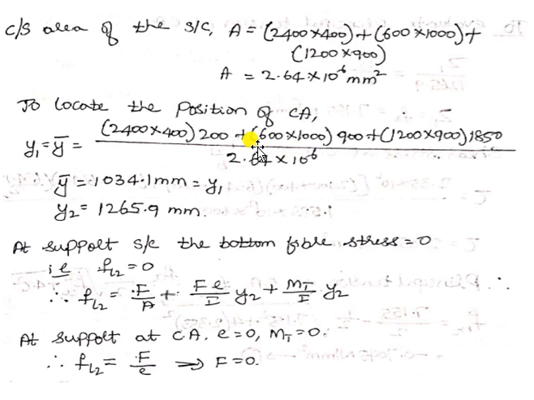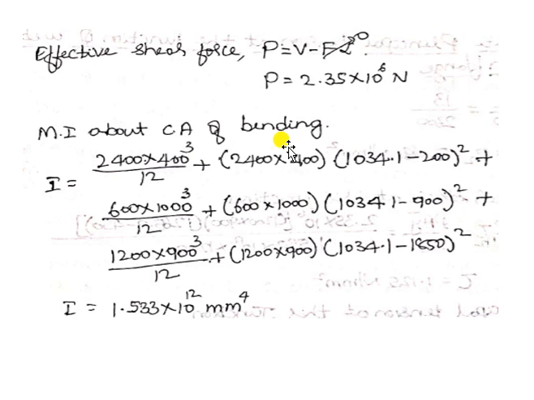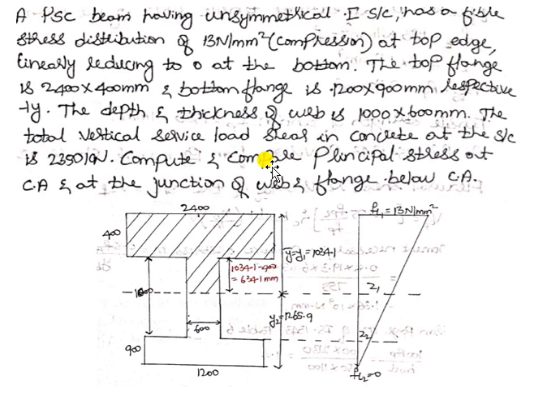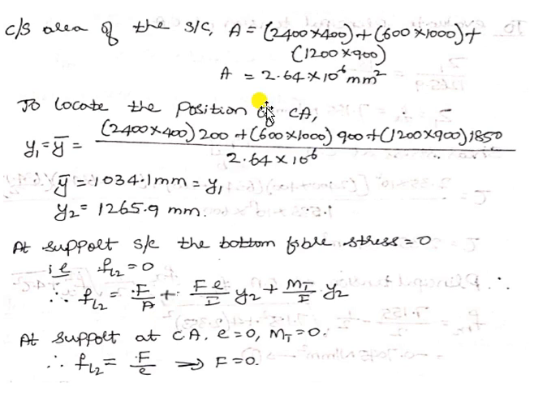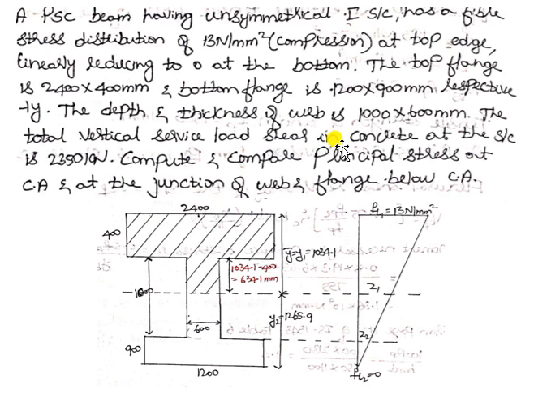And for the next portion, 600 into 1000. So the thickness of web is 600 and depth is 1000. So 600 into 1000 into centroidal distance. So the centroidal distance of the web from the top fiber is 900 millimeter. From here to here it is 400 and from here to here it is 500.